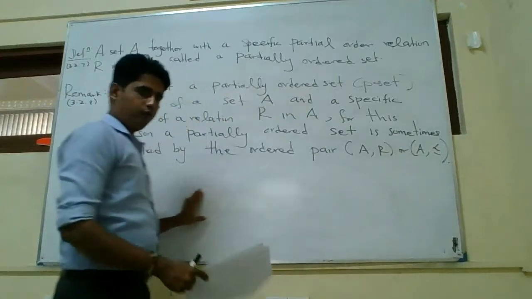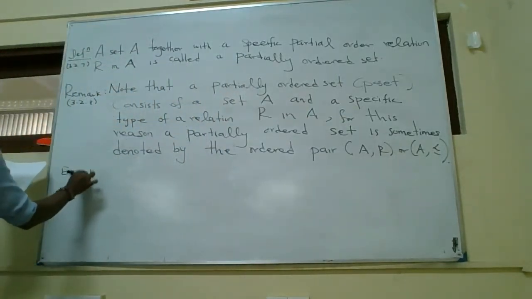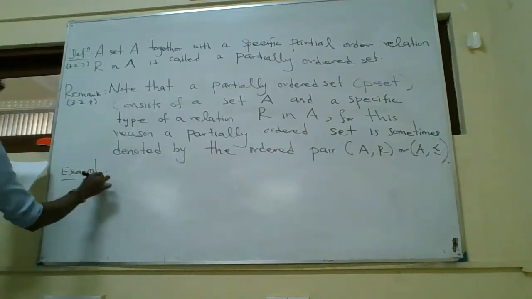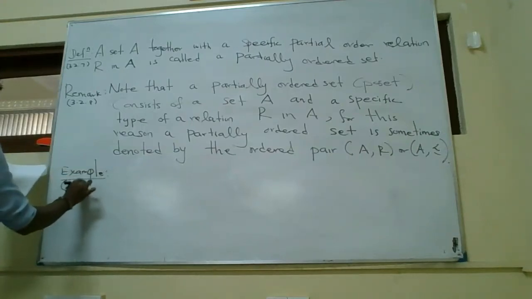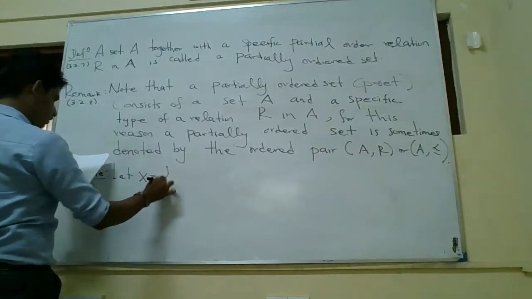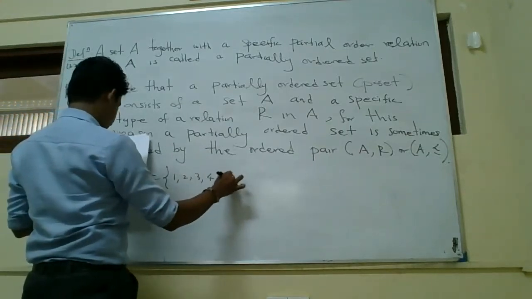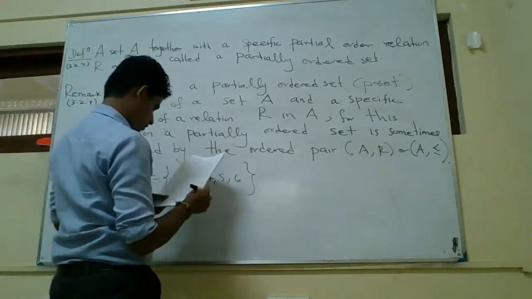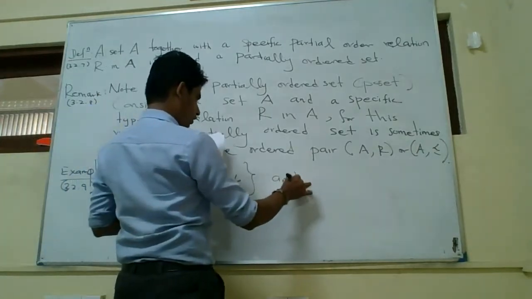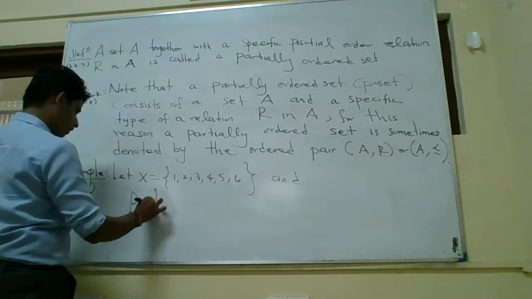Now we will do some examples. Example 3.2.9. Consider this set X, which takes the elements 1, 2, 3, 4, 5, 6. And P is one of the relations.